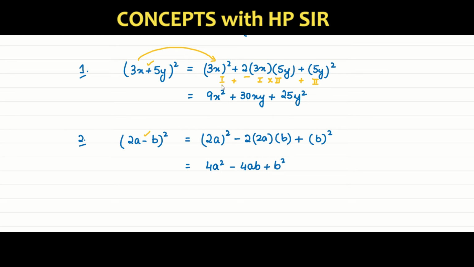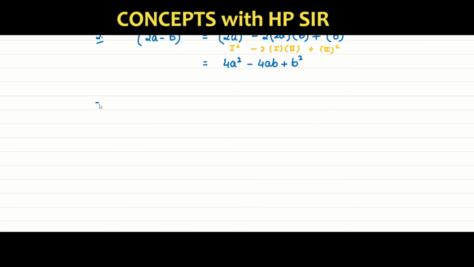And when the sign is negative, then the identity is square of the first term minus twice the product of first and second term plus the square of the second term. So just keep this logic in your mind and solving these questions will become very easy for you.